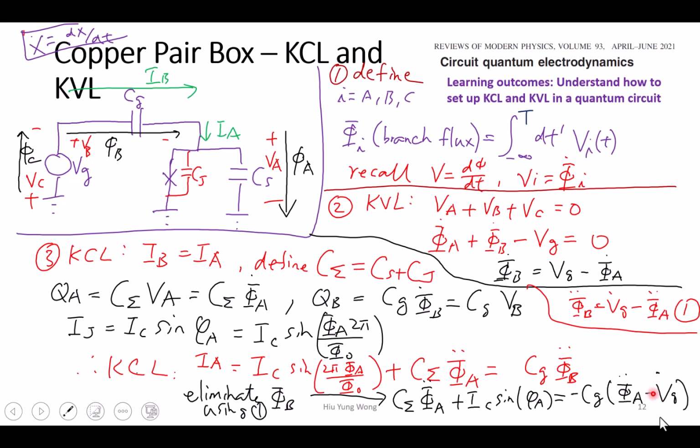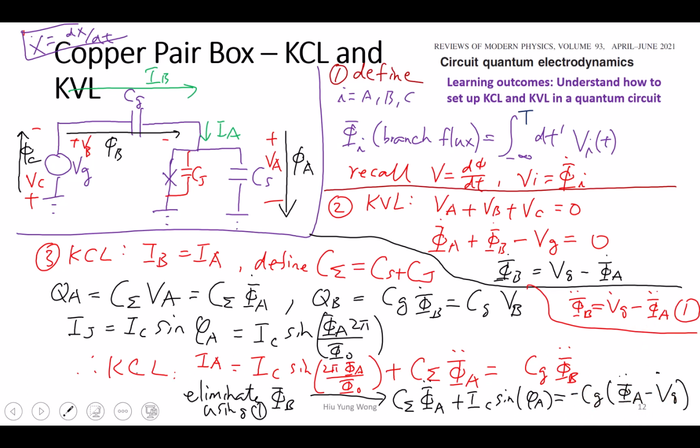Do you see what I'm doing? This is equal. So I just substitute CG, phi B dot dot by this whole thing, but I put the negative in front. So I just swap phi A dot dot and VG dot.